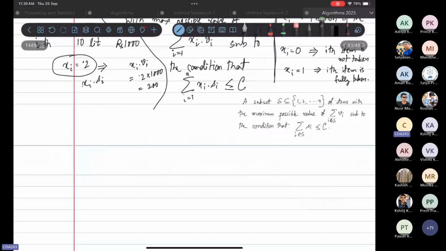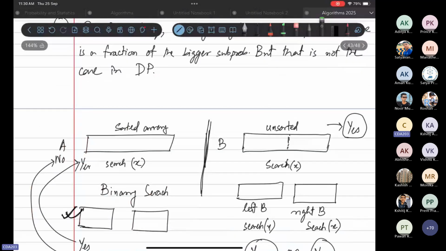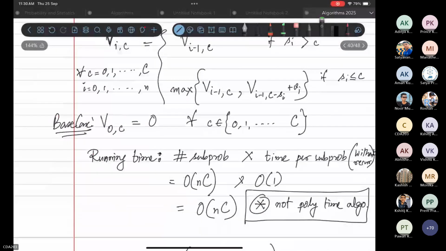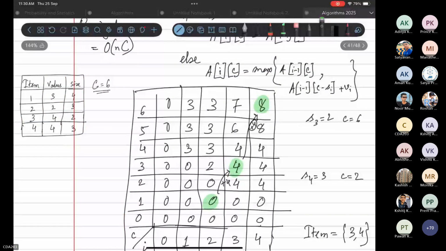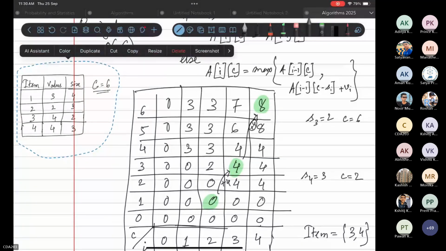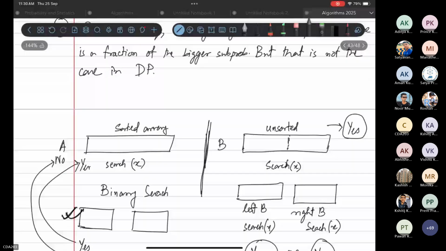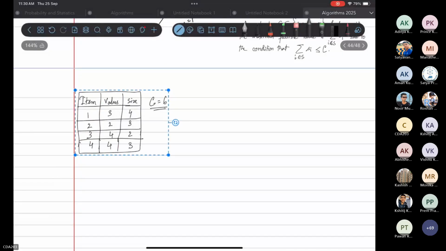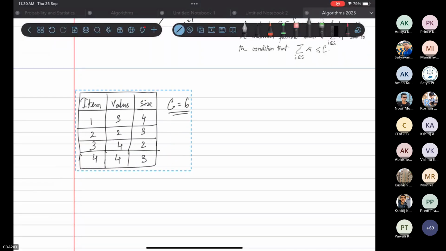So let me again go back to the same example that we had before. Okay, so this is the same example.